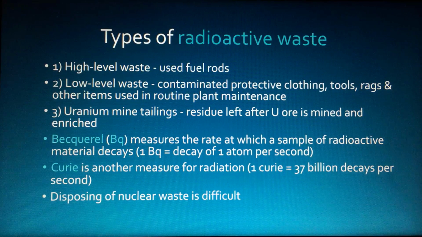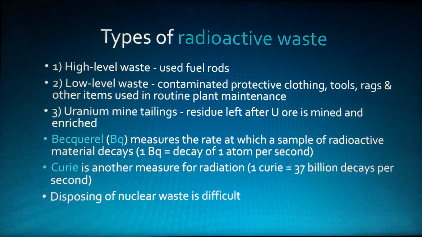Some types of radioactive waste are: 1, high-level waste, which is used in fuel rods; 2, low-level waste, contaminated protective clothing, tools, rags, and other items used in routine plant maintenance; and 3, uranium mine tailings, the residue left after uranium ore is mined and enriched.